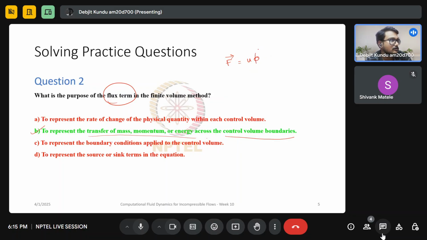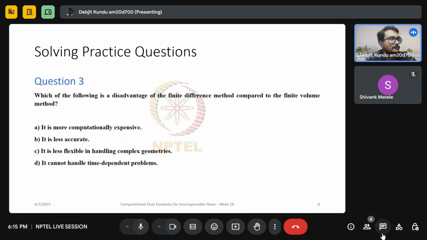So in the context of fluid mechanics and not finance, this is your flux term. So you get the convective term and the diffusion term, and that gives you the flux. All right. So moving on to the next question.